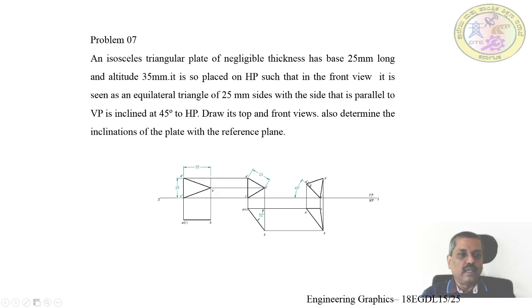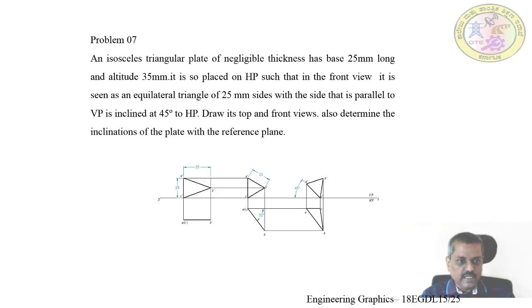So one by one, you have to draw the projectors. You draw A dash, and then from A dash you draw the vertical projector. From A in the second position, you draw the horizontal projector. Wherever they meet, that is going to be A, the new position in the final method.